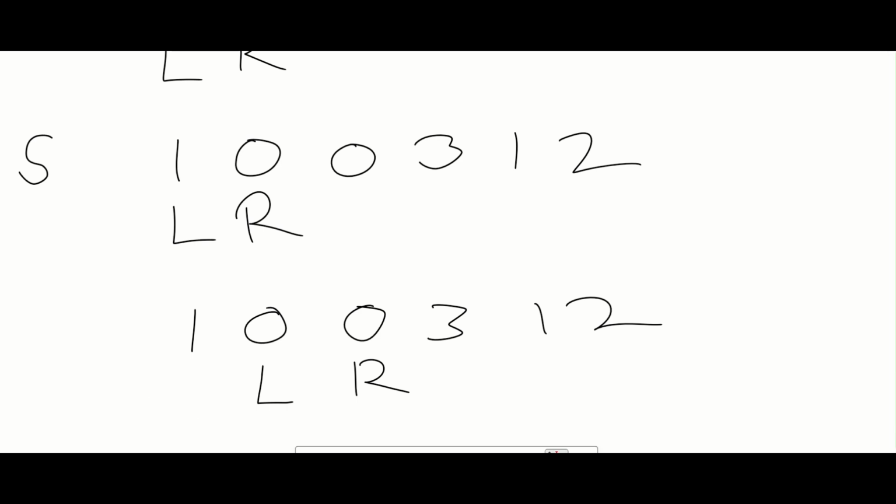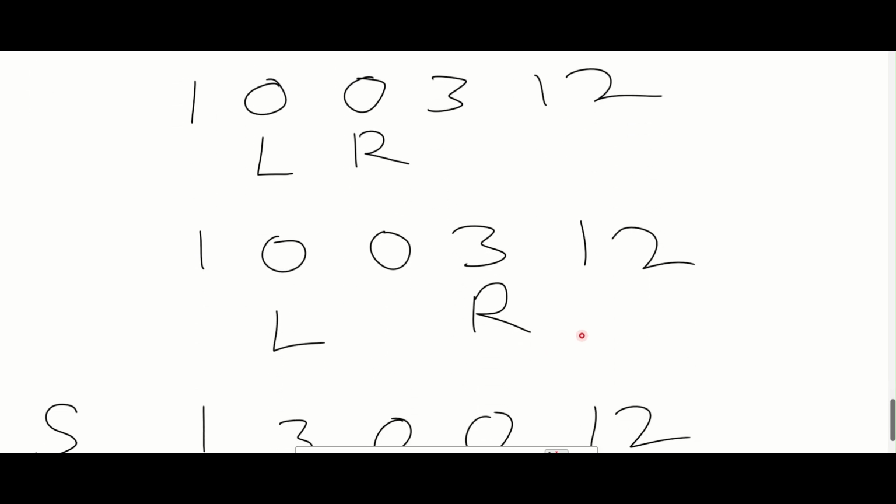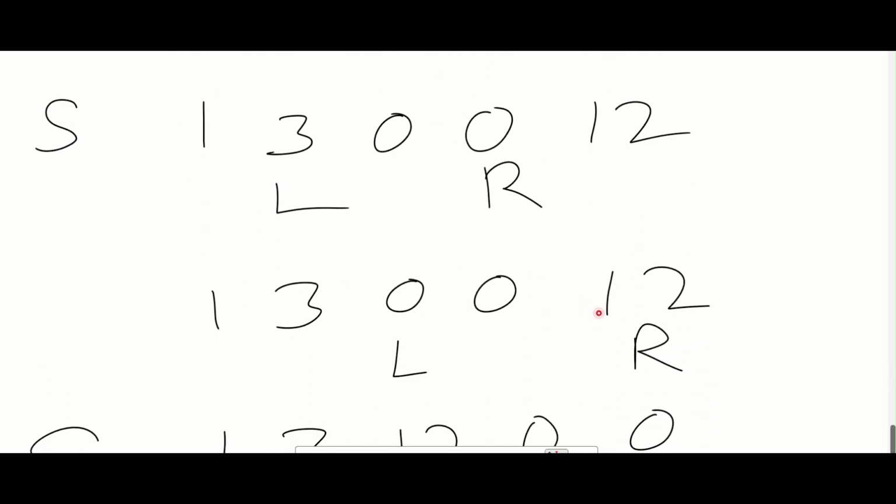So the left pointer is at the first zero, right? This is important. Here there is no zero on its left; this is the first zero that is encountered.